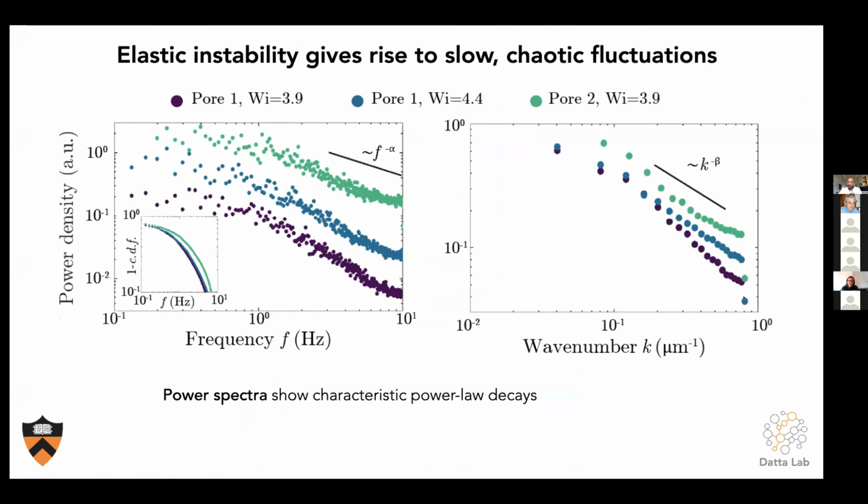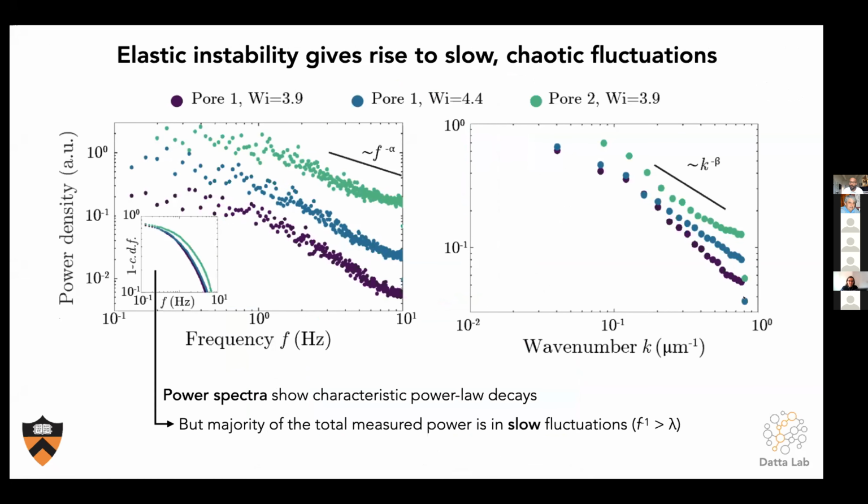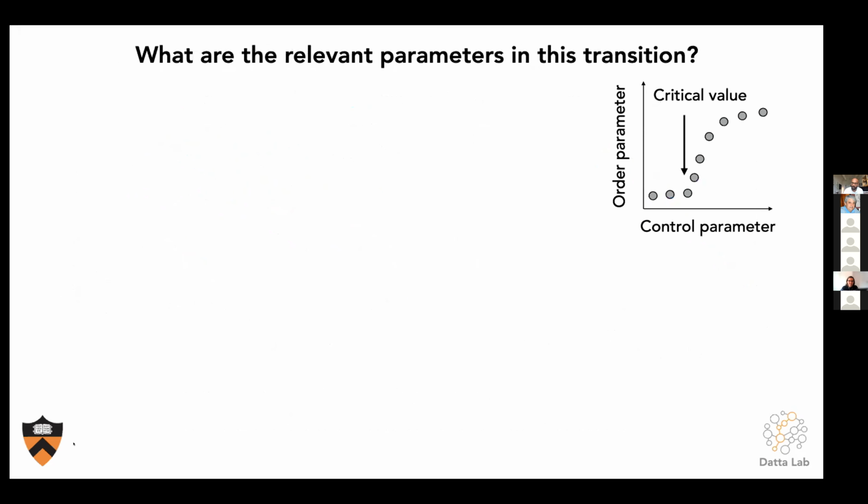There are no characteristic length or time scales. And what's interesting is the majority of the power that's measured in these flow fluctuations is much longer than the polymer relaxation time. What that means is these fluctuations are slow. They're continually growing and shrinking, and they're slow over large time scales, much longer than the polymer relaxation time.